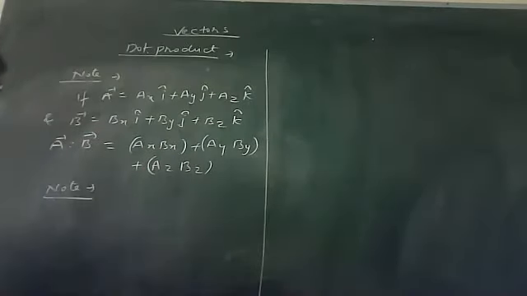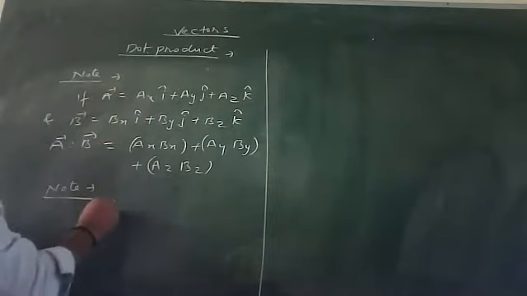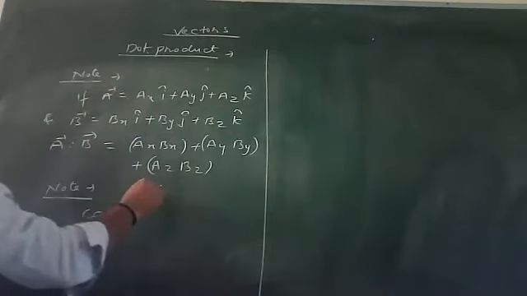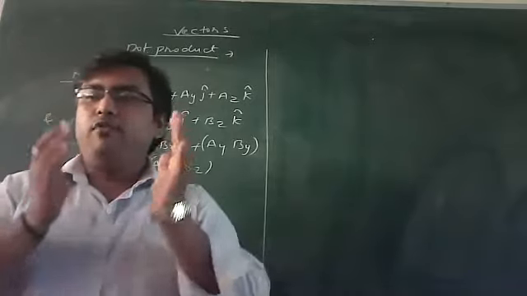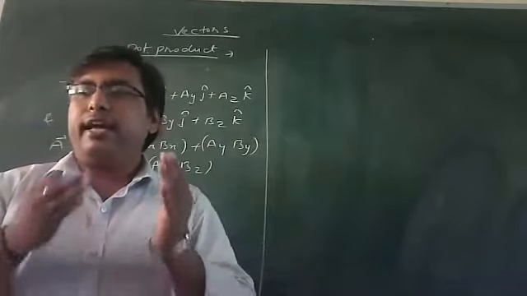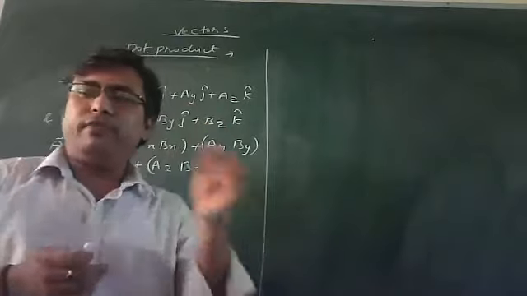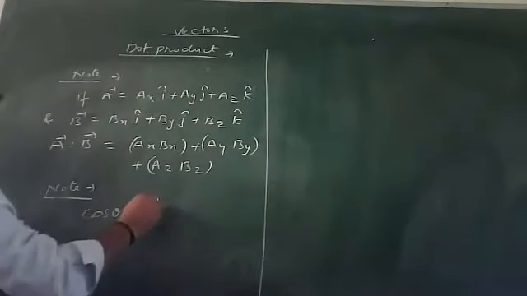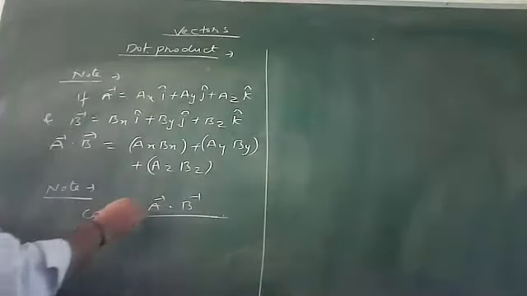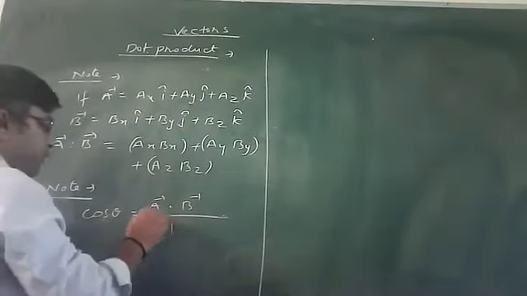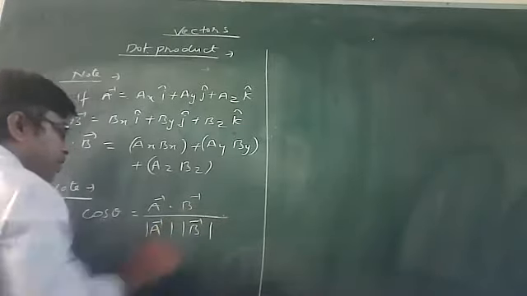If you want to find cos theta, or the angle between the vectors, if two vectors are given to you and you want the angle of inclination between them, then how will you find it? From this dot product, you can find the value of theta. So cos theta will be a dot b divided by modulus of a vector and modulus of b vector.